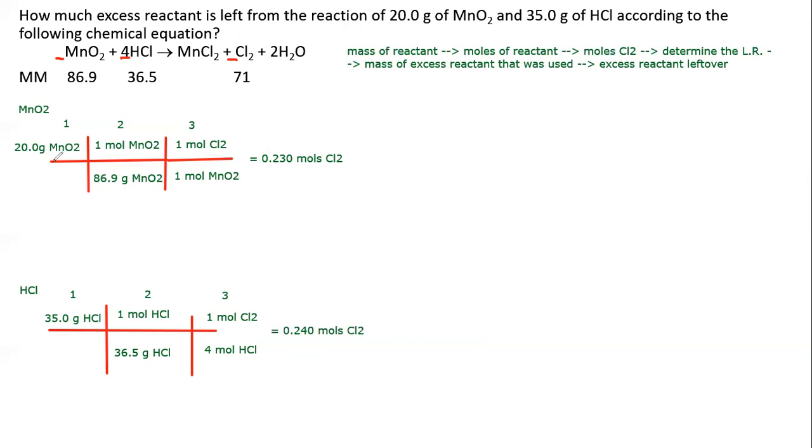So MnO2 is our limiting reactant. So now we're going to take the moles of product produced by the limiting reactant and calculate how much excess reactant was used. So let me set this up.